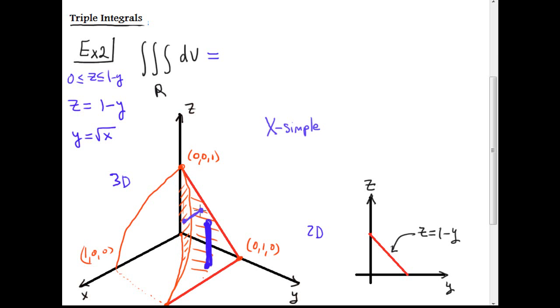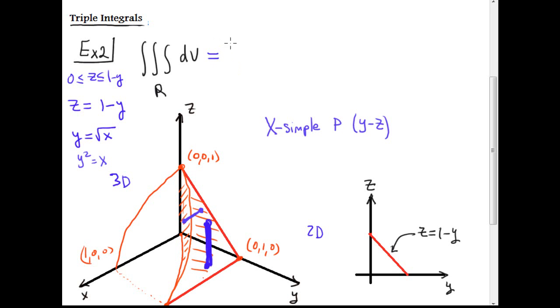Then you go from 0 to the surface, which is the x value of the cylinder, and the x value is y squared. This is x simple, and the projection is onto the yz plane.